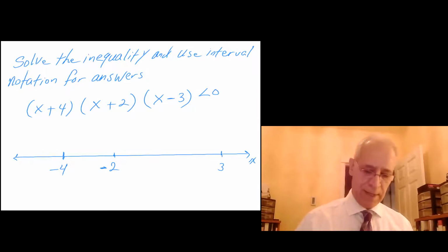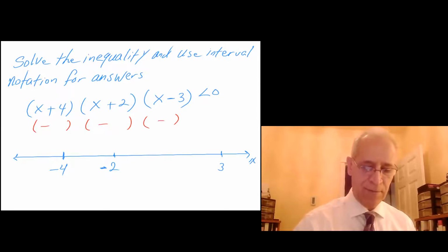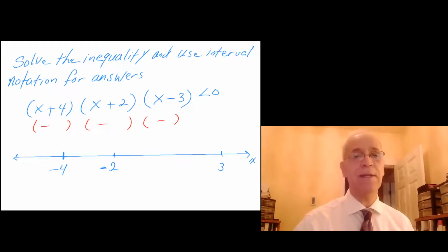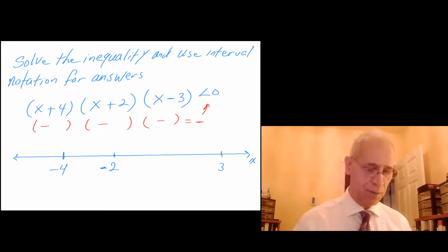If I plug in -5 in the first parenthesis, I get a negative, then another negative, and then another negative. Negative times negative times negative is negative, so this equals a negative, and a negative is smaller than 0. So I do have a true.